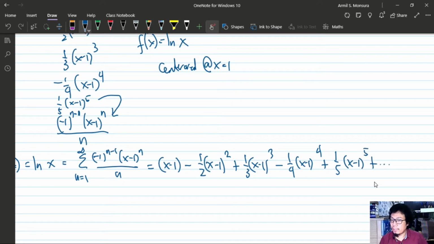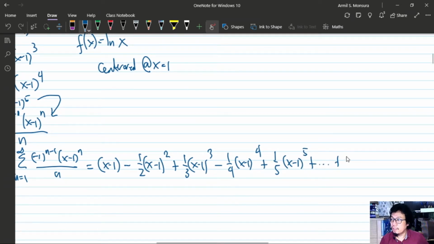And then we write the general term as negative 1 raised to n minus 1 times x minus 1 raised to n over n, and so on.